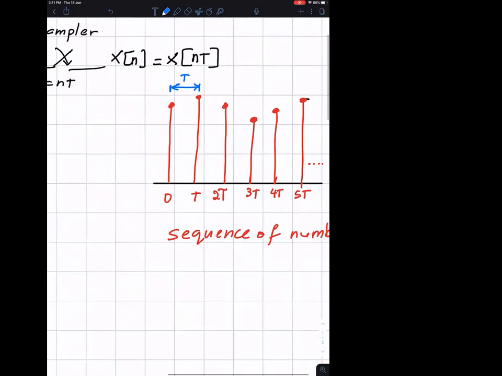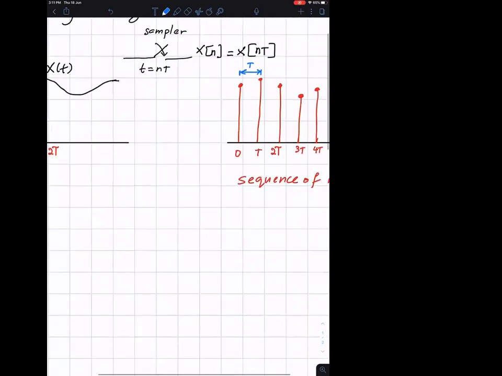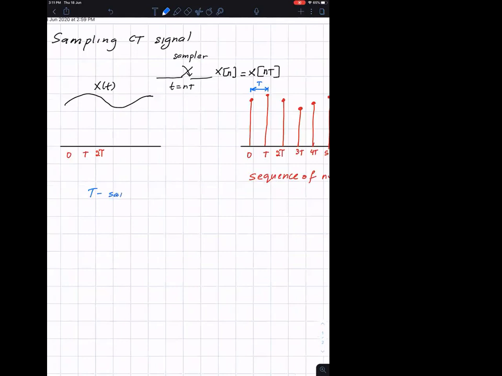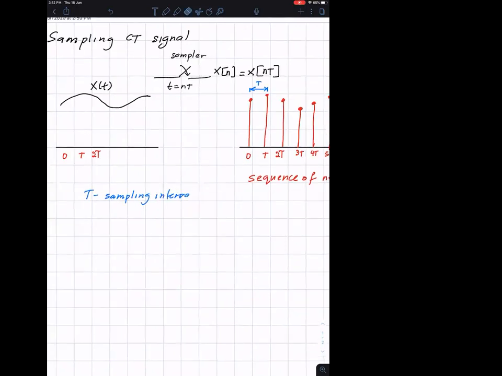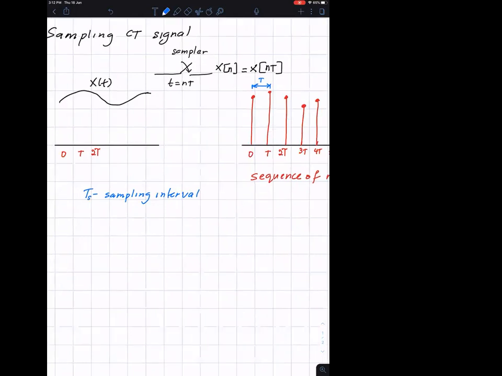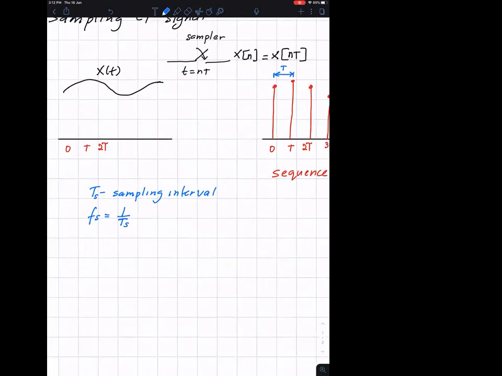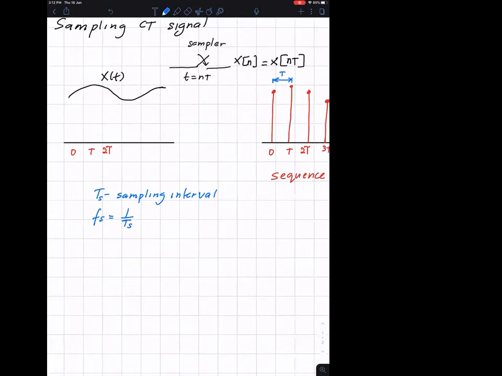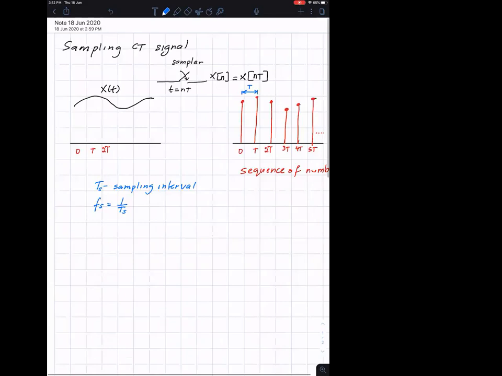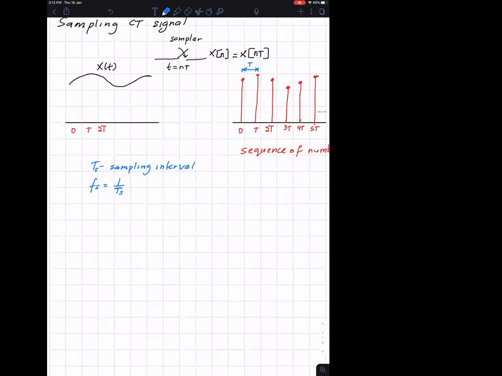So T is the sampling interval. Then fs is the sampling frequency. In this case, n is an integer.